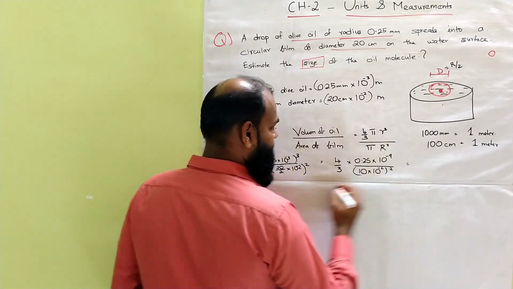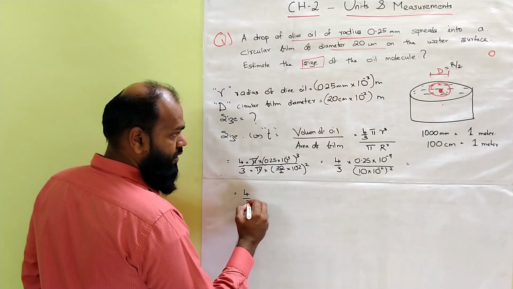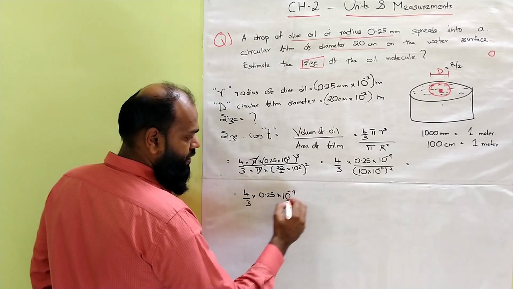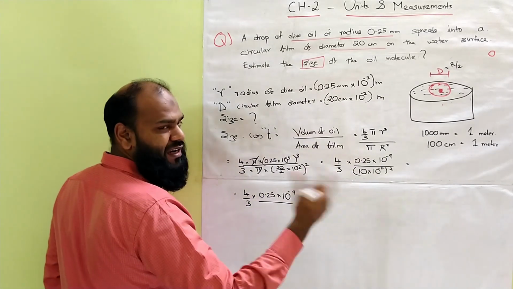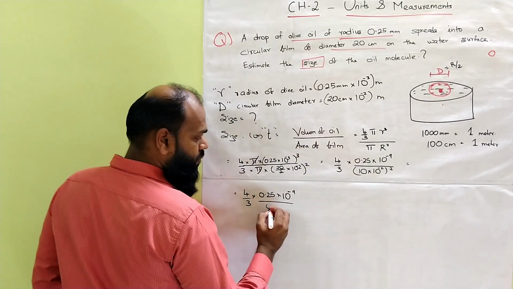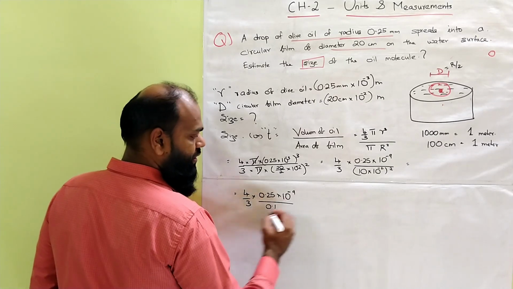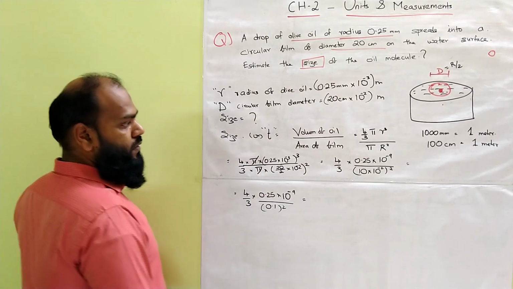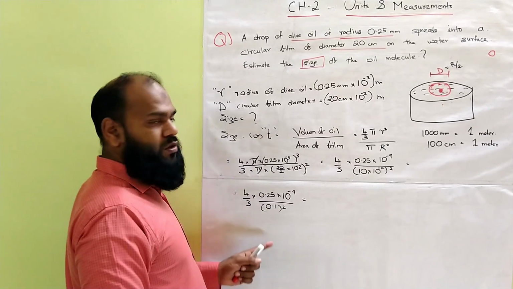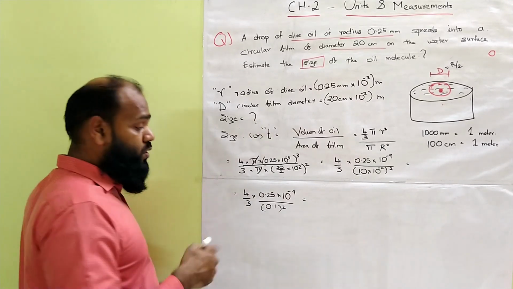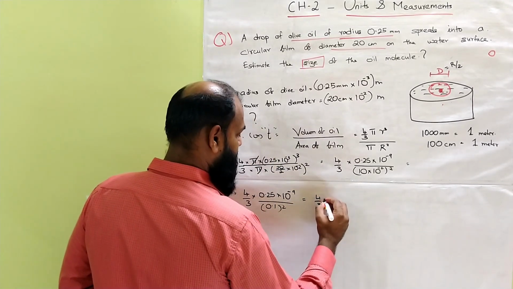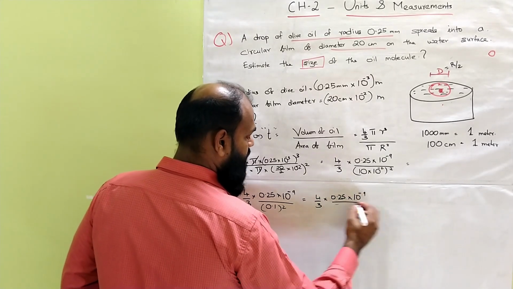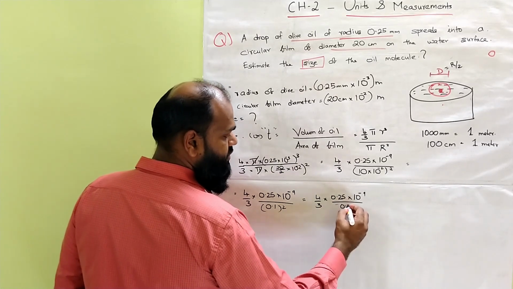So again, 4 by 3 into 0.25 into 10 power minus 9 the whole divided by 0.1 the whole square. 0.1 square is equal to 0.01.